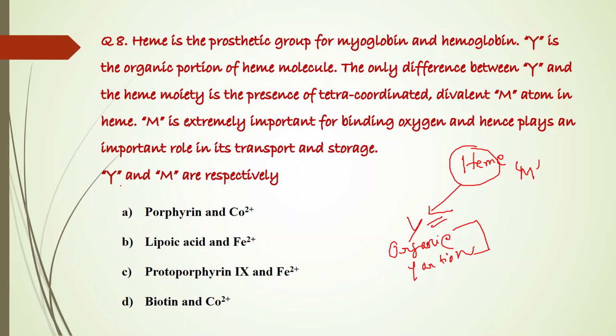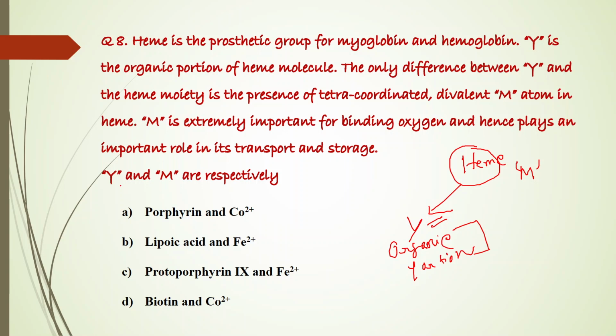Your prosthetic group is a metal atom that is essential for binding the oxygen molecule, and the organic part gives importance to this metal ion for all the reactions happening. So you have to identify the metal ion and the organic part.